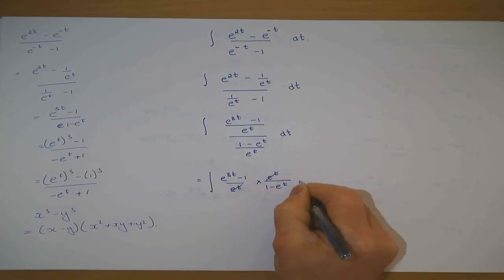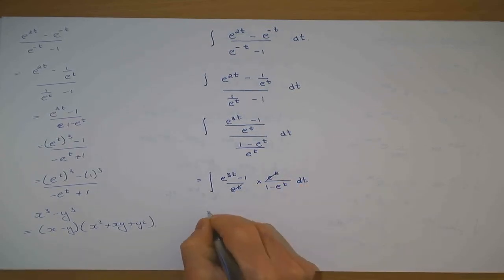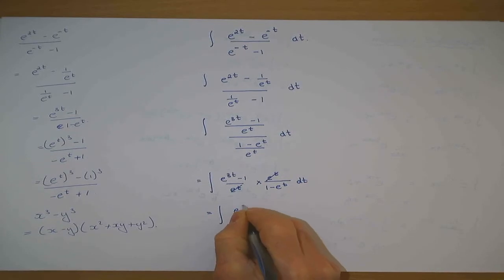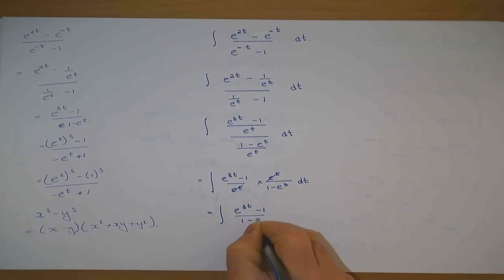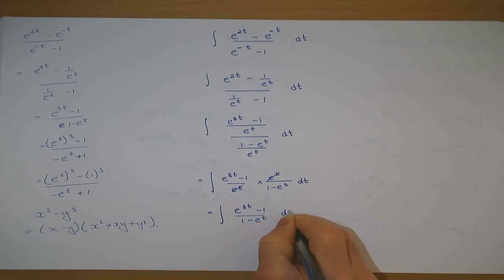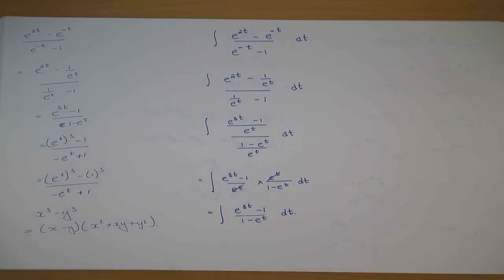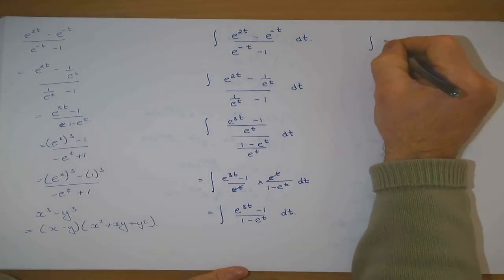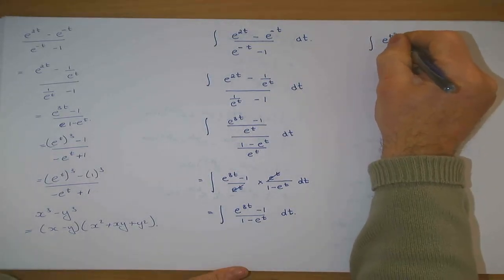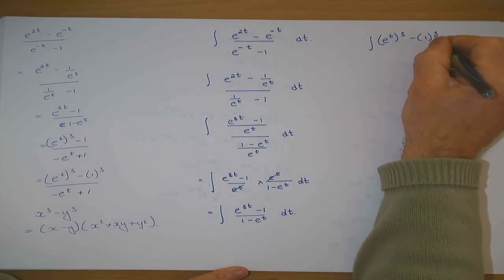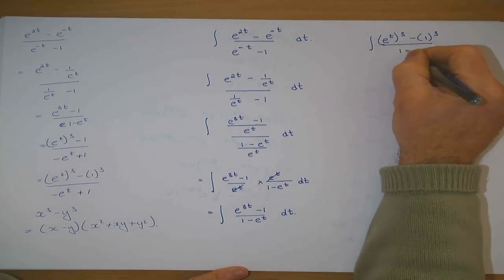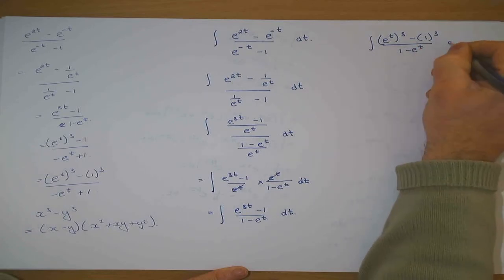They cancel dt. So it's the integral of e to the 3t minus 1 over 1 minus e to the t dt. I have to divide that into that. That's the same thing as the integral of e to the t cubed minus 1 cubed over 1 minus e to the t dt.